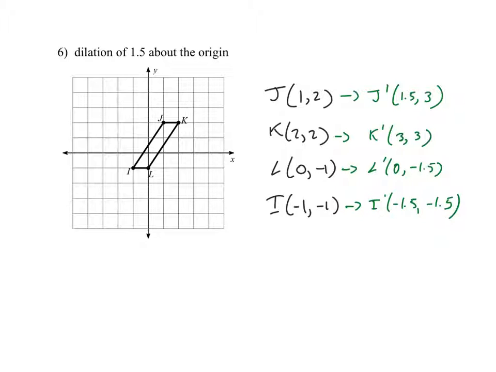Right, so J prime is 1.5, 3, so 1, 2, and 3. J prime goes right there. K prime is 3, 3, so 1, 2, 3, 1, 2, 3 right here, K prime. Then 0, negative 1.5 is right here, that's L prime, and negative 1.5, negative 1.5 is somewhere around here.